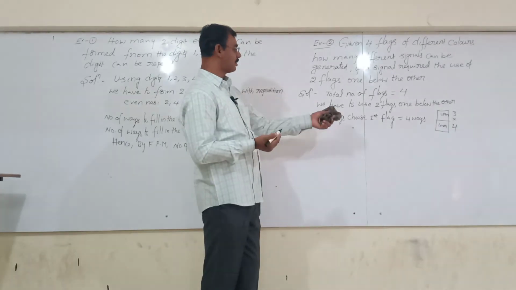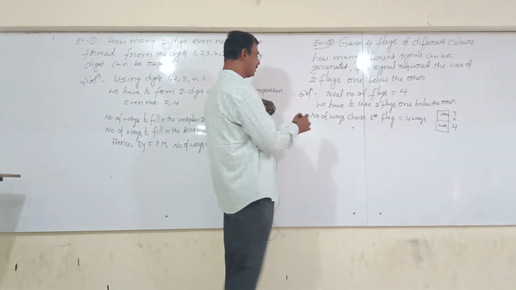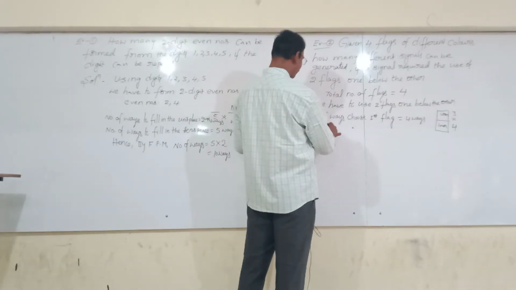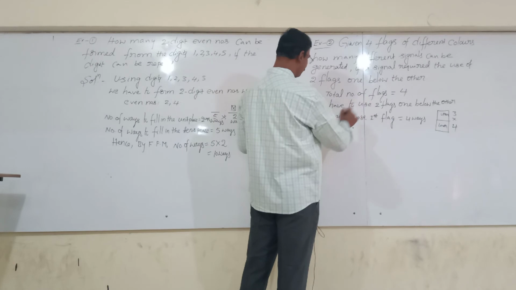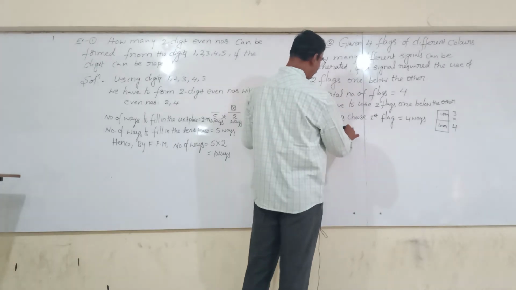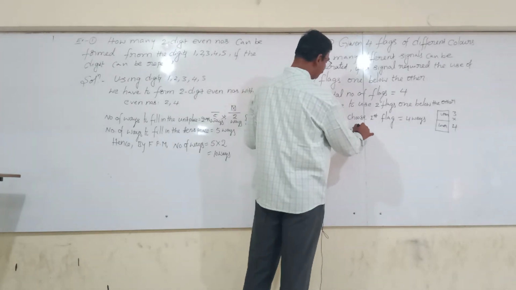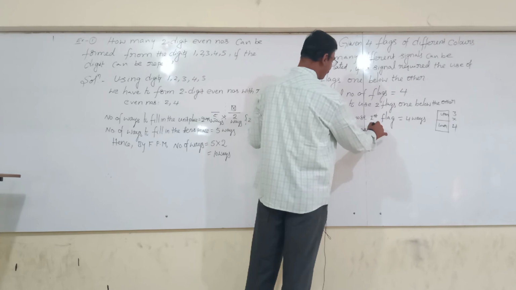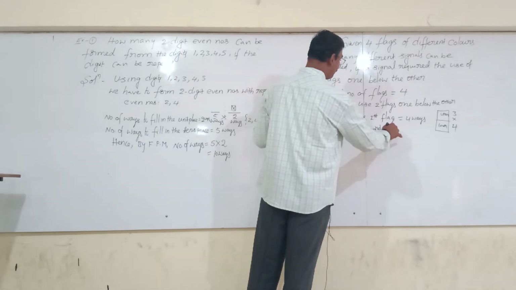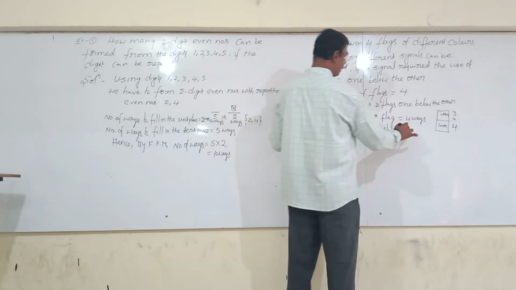Next, since repetition is not allowed, number of ways to choose the second flag, that means the upper position, is 3 ways.